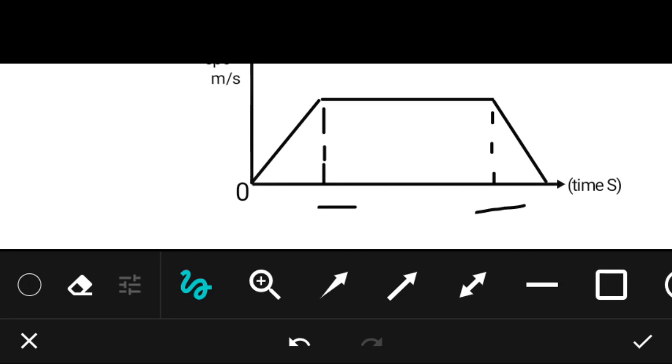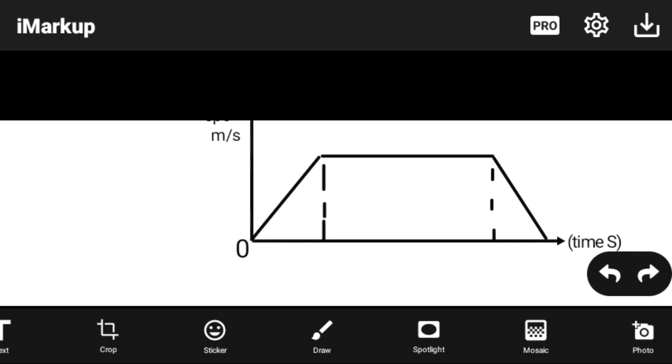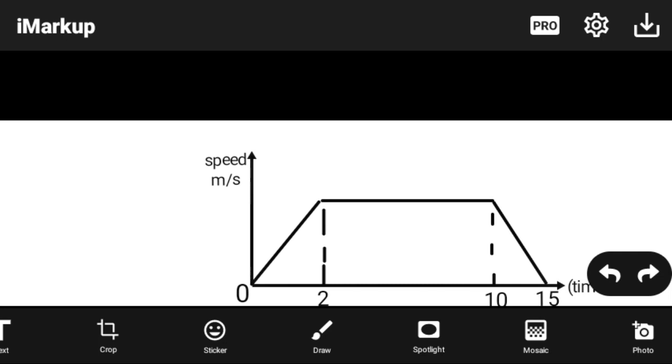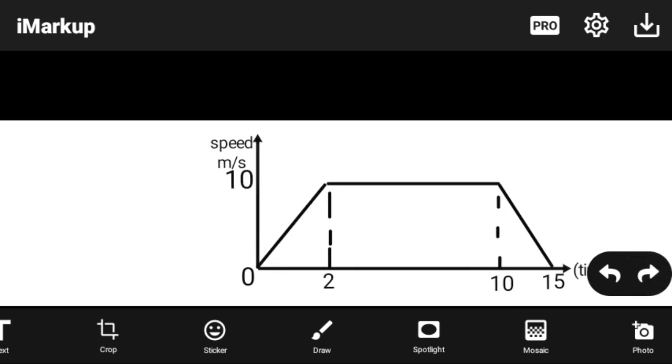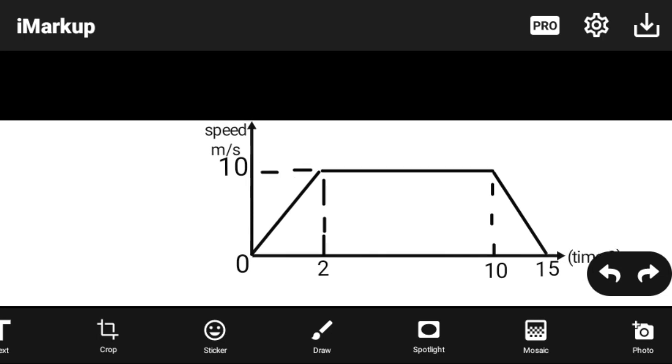I'll put 2 there because there was a 2 there, then 10 and 15 there. In that side we had 10, then you can even put the dotted line like that there. So this is the speed time graph that I've drawn. This is how it looks like.